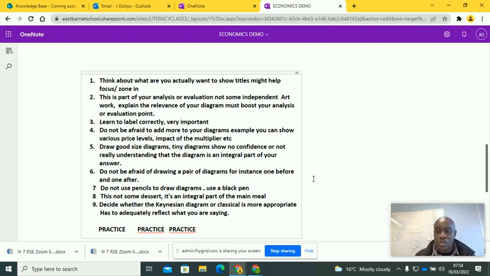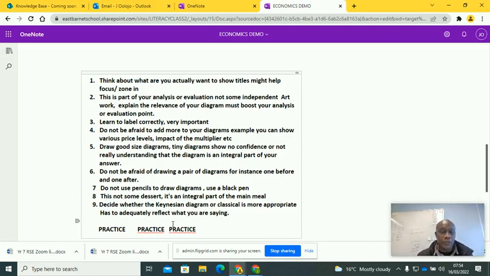That is the way some students do diagrams. They've done their essay and say, oh, let me just chuck in a diagram. That is not the way you do diagrams. A diagram has to be an integral part of the main meal, an integral part of your essay. It can't be just an afterthought. Joking aside, it has to be part of your essay.